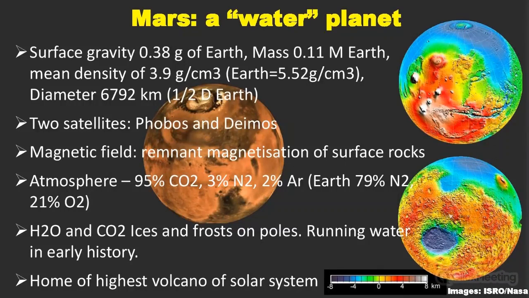Some people hypothesize that these plain areas could have been an ocean in the early history of Mars, or that some kind of resurfacing event happened, and the cratered surface is probably the old surface, the oldest surface of Mars.